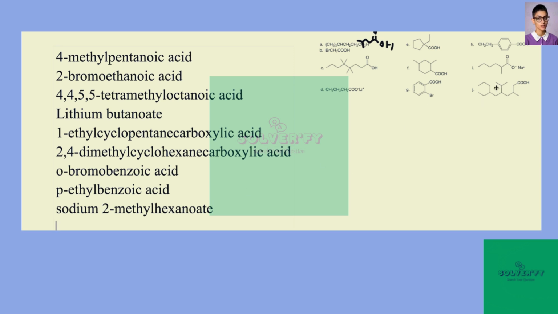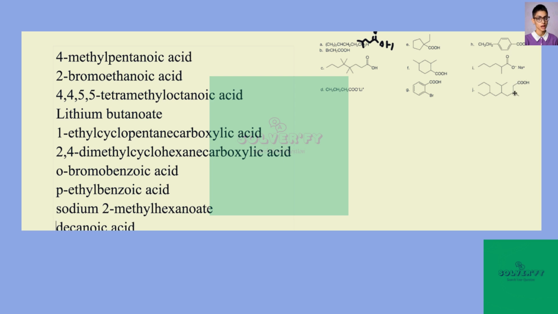Now, last but not least, let's look at J. So J, we have the longest straight parent chain carbon number is 1, 2, 3, 4, 5, 6, 7, 8, 9. So let's just count that again. We have 9 here, but what if we count up here? So we have 1, 2, 3, 4, 5, 6, 7, 8, 9, 10. You see? So this is the longest straight chain. So we have a decanoic acid, and then 1, 2, 3.